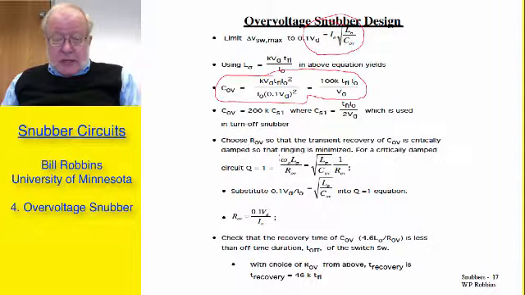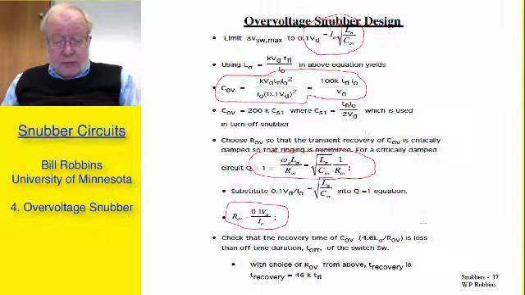Well, that means that the Q of the circuit has to be 1 or less, and if we write it that way, we get the result that I'm showing here. And if we substitute in the 0.1 V sub d over I naught into the Q equal to 1 equation, this is the result that we get for our overvoltage resistor value.